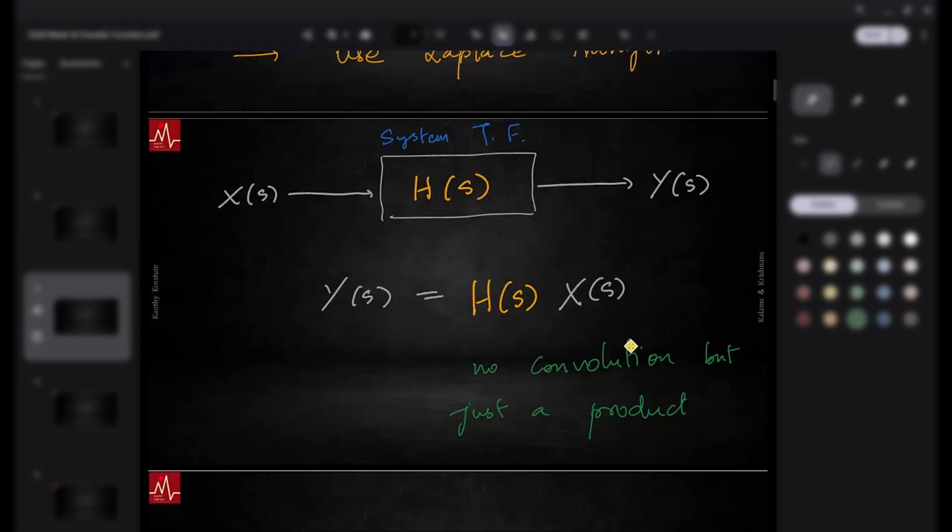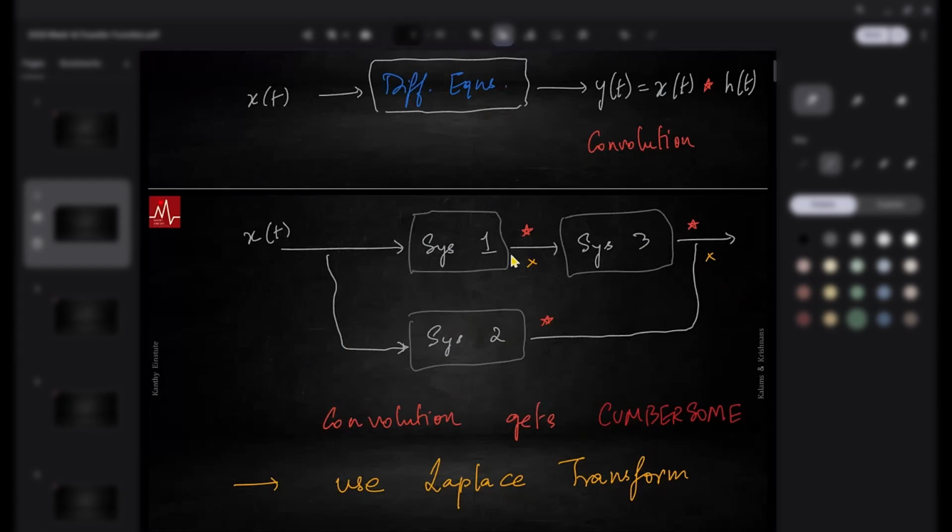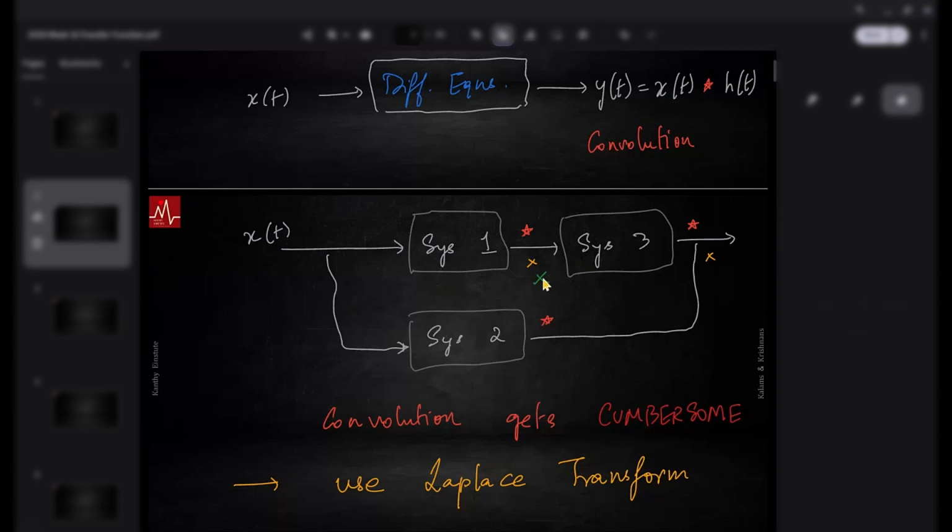So it's a product here, and that transfer function gets multiplied here. This is very easy to handle. Two convolutions are very hard. Integrals get messy. Two products is fairly easy to handle.